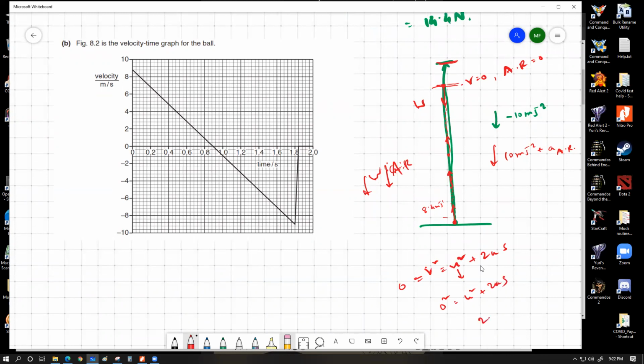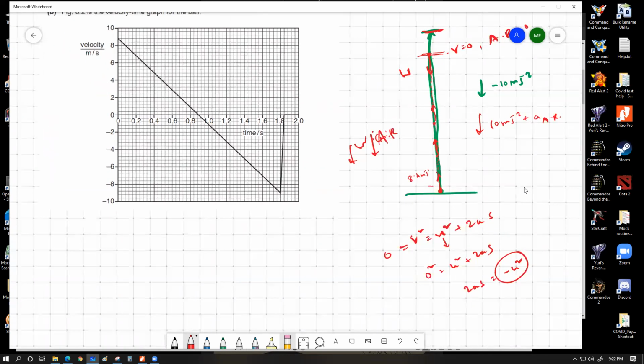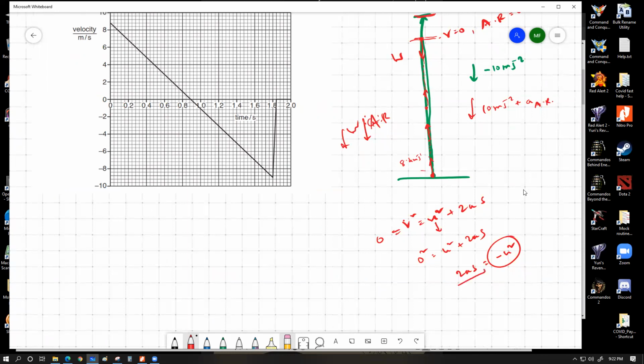So 2as should equal minus u squared, which is also a constant. So this product 2as should be constant. So this actually means that acceleration and displacement, these two variables, should be inversely proportional, because the product of these two things multiplied by 2 should be a constant.